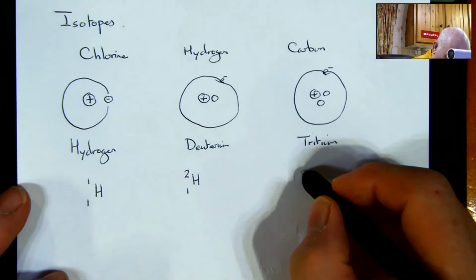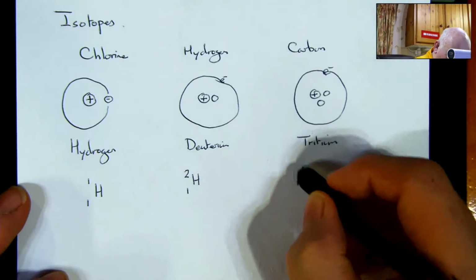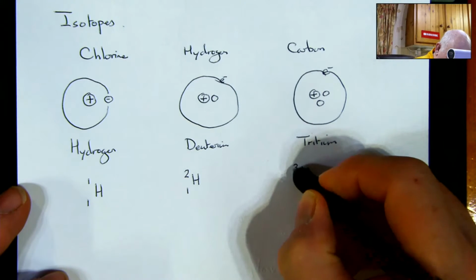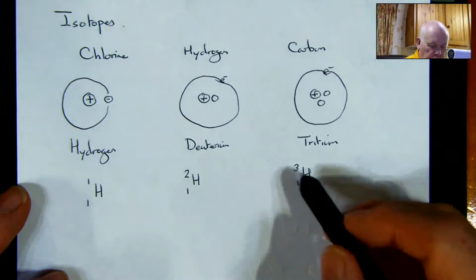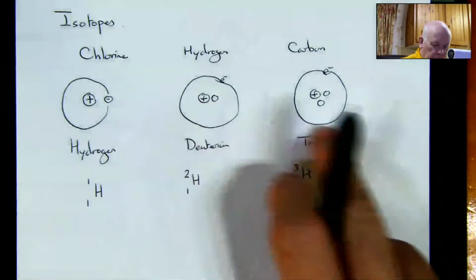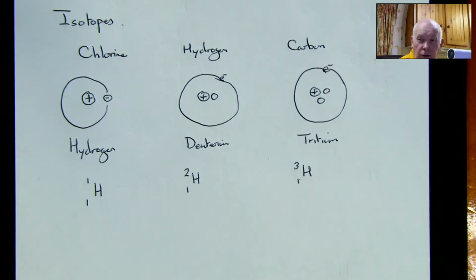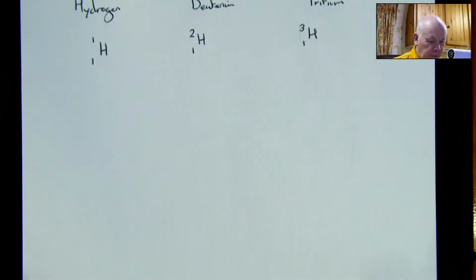And tritium, same symbol because it's hydrogen, 1 proton, but this time we've got 2 neutrons plus the 1 proton, giving us 3. So these are our 3 versions or isotopes of hydrogen.